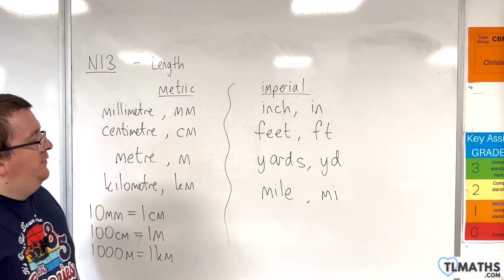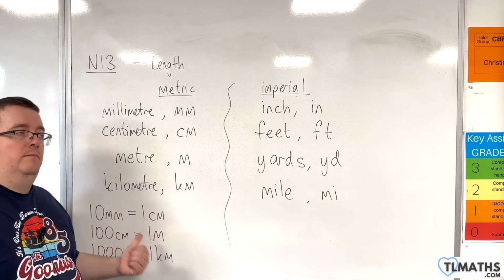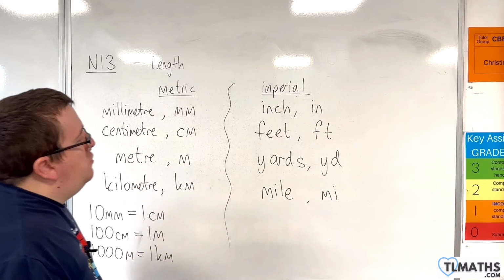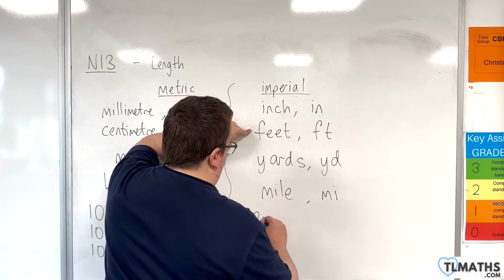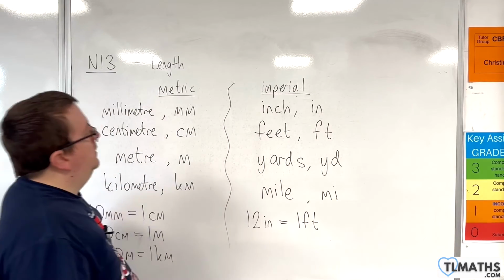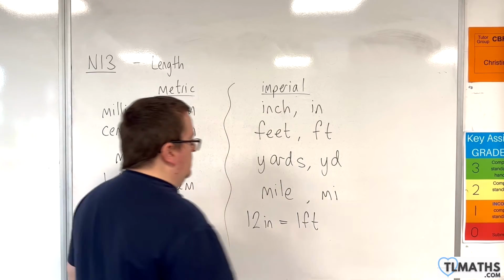Now, converting between each of these is a little bit more fiddly than in metric, as you might expect. There are 12 inches in 1 foot. So 12 inches is 1 foot. There are 3 feet in a yard.